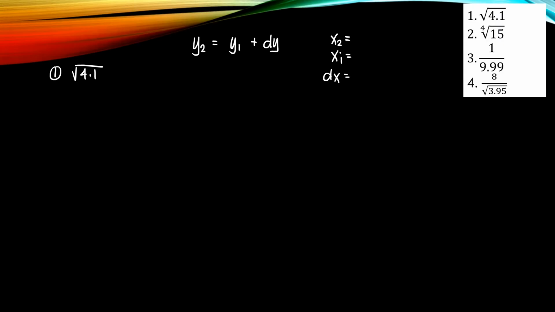The 1 is the exact. You'll notice that inside the square root, there is 4.1. What is the exact perfect square that we know of? Right? Square root of 4. Therefore, the exact is 4. The one to be approximated, which has a subscript 2, is 4.1. And of course, dx is basically 4.1 minus 4. So this is 0.1.